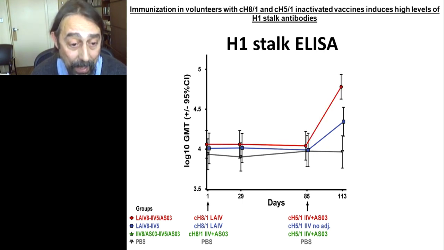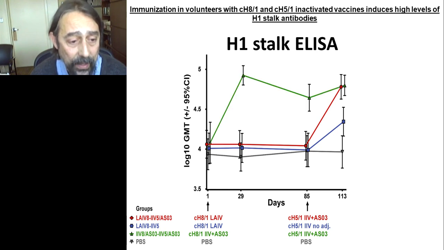If one uses an inactivated adjuvanted, one gets an even better boost. And the best results we have are when we use inactivated adjuvanted followed by inactivated adjuvanted. We get a very good response with the first vaccine against the stalk of the HA, which comes down a little bit, but then gets boosted again by the second.